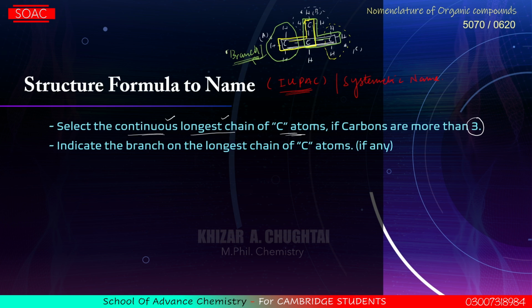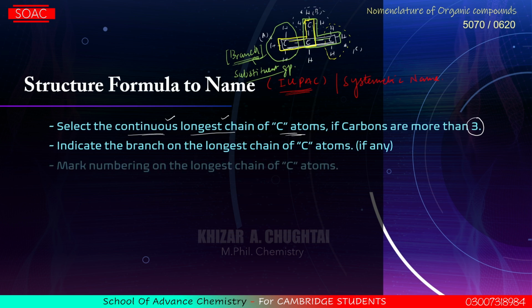This is called a branch or substituent group. So this is the way to select the continuous, one-way moving, longest chain of carbon atoms if the carbon atoms are more than 3.